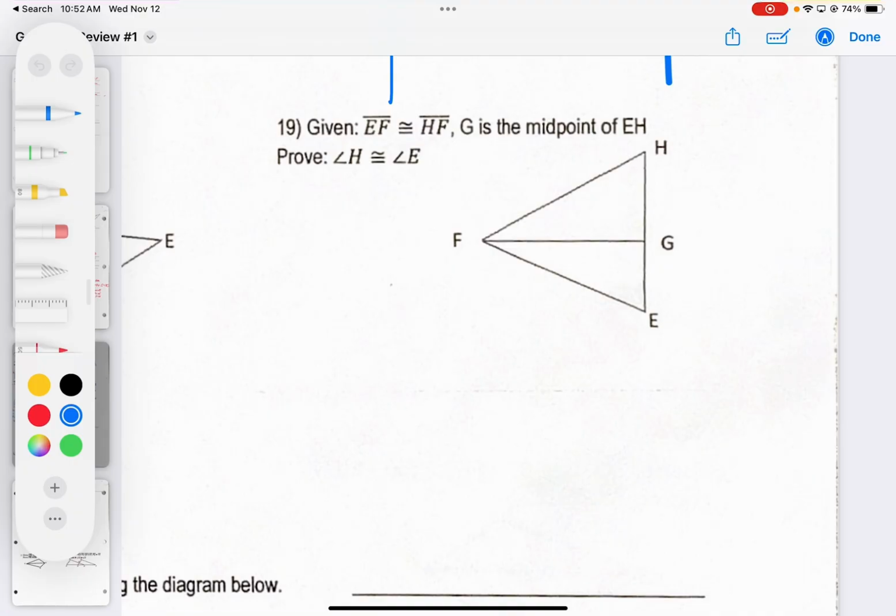You're not proving the triangles, you're proving the angles. Good. Not proving the triangles, you're proving a piece of the triangles congruent, which means we need to use what? CPCTC. Good, CPCTC. I still have to prove the triangles congruent, but the last statement will be angle H is congruent to angle E, CPCTC. Okay?